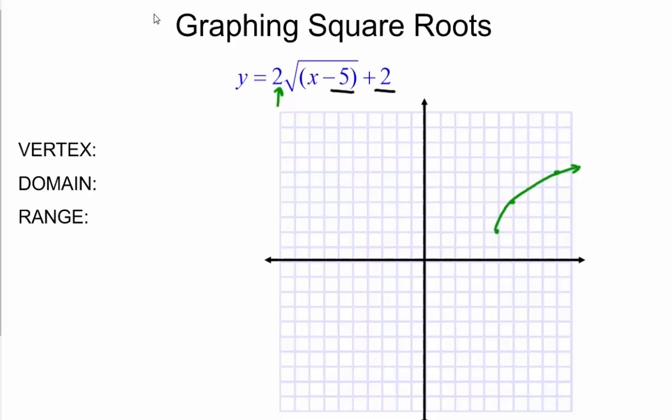Now I can go ahead and list my vertex, which I already know is at 5, 2, based on looking at the equation, and also confirming it on the table. My domain, again, starts at where x is 5 and will continue forever in the greater than direction. So we got x is greater than or equal to 5.